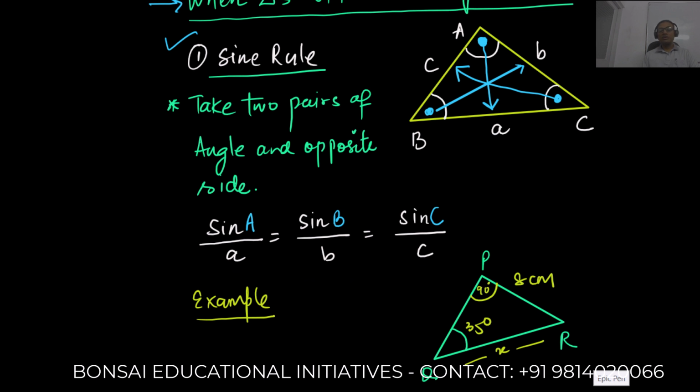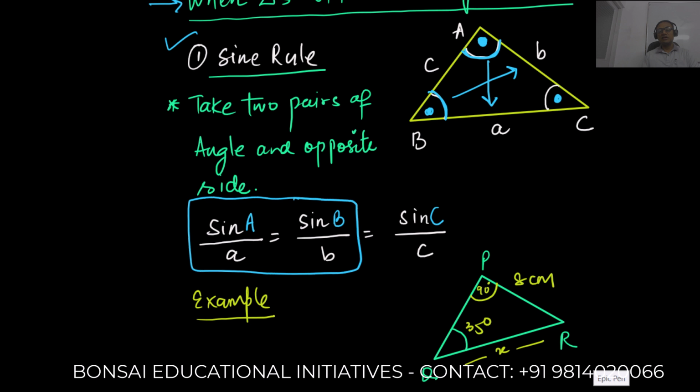This equation has to be remembered by you, and moreover the sine rule can be used only when you are given pairs: angle, opposite side, angle, and opposite side. Out of this relationship you will be given three things and you have to find the fourth one.